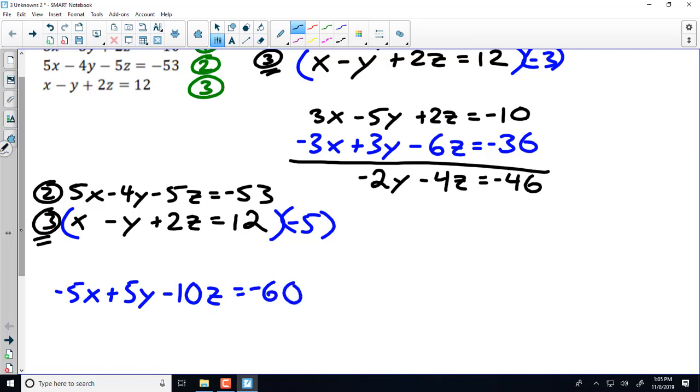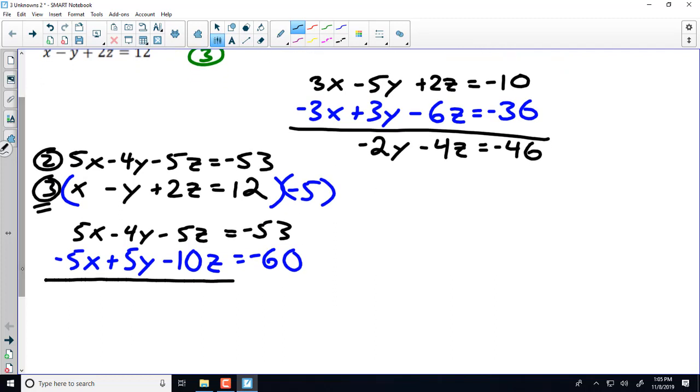And if I add the original equation 2 to that, 5x minus 4y minus 5z equals negative 53, I will get the x's to cancel. And what I'll get here is y minus 15z equals negative 113.